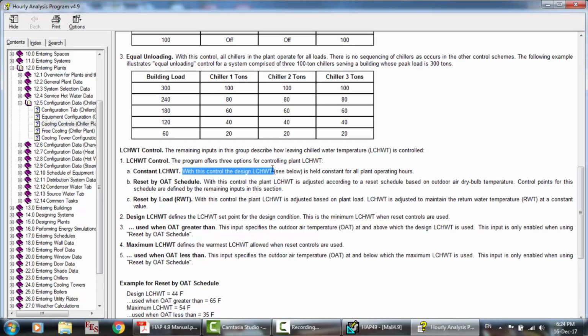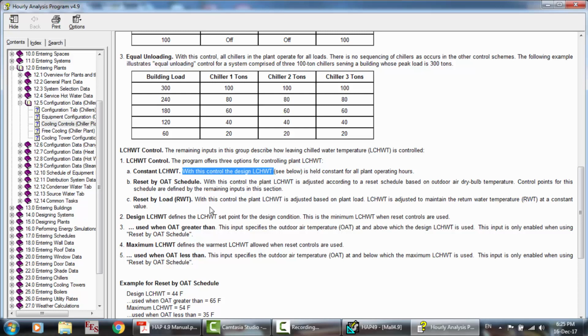With this control, the design LCHWT is held constant for all plant operating hours, or reset by OAT schedule. With this control, the plant LCHWT is adjusted according to a reset schedule based on outdoor air dry bulb temperature. Control points for this schedule are defined by the remaining inputs in the section.